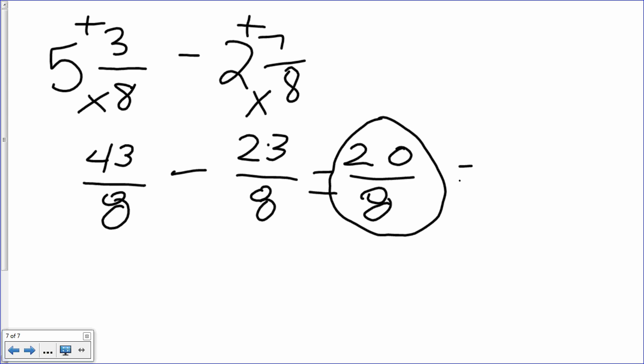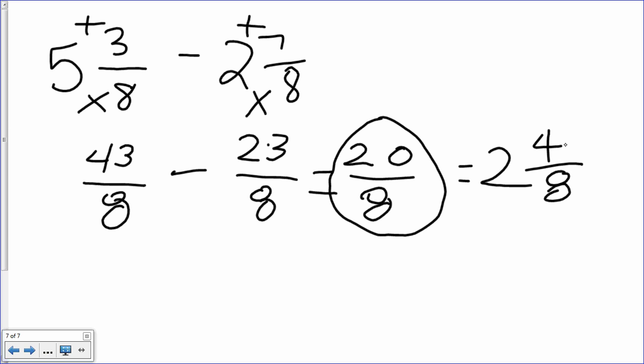Well, I know 8 goes into 20 2 times. Then I'm going to say, if 8 goes into 20 2 times, how much do I have left over? Well, 8 times 2 is 16. If I subtract 16 from 20, I have 4 left over. And then I'm going to keep my denominator.